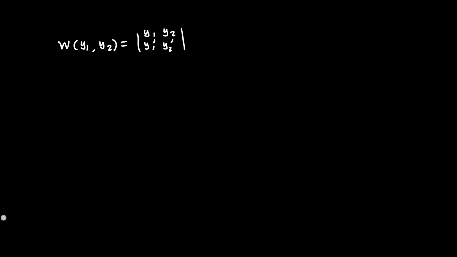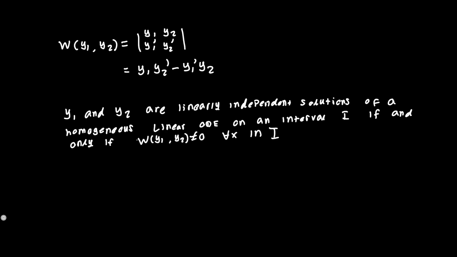If we find the determinant, then we find that the Wronskian is y1 y2 prime minus y1 prime y2. We're also going to look at a theorem, which is a fundamental criterion for differential equations.